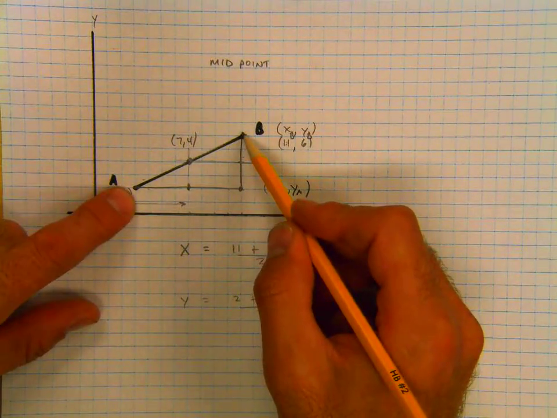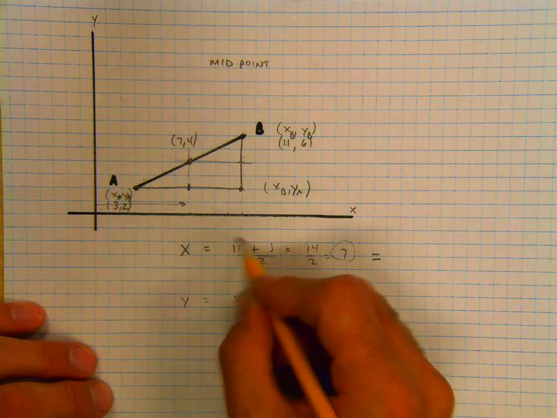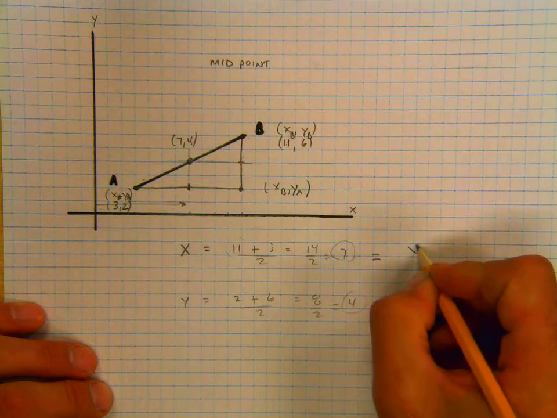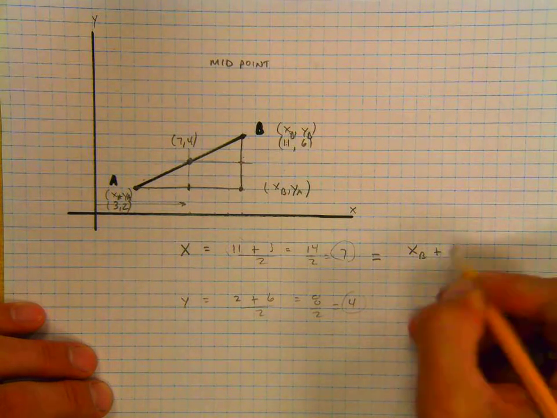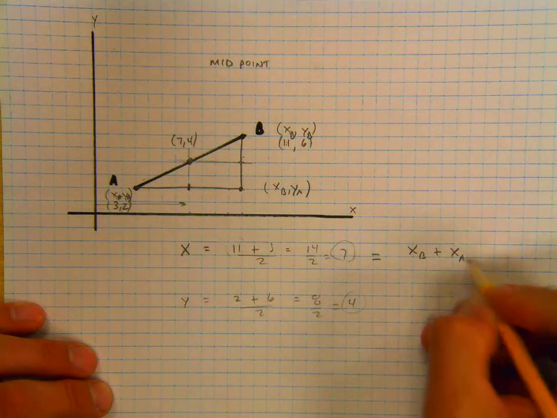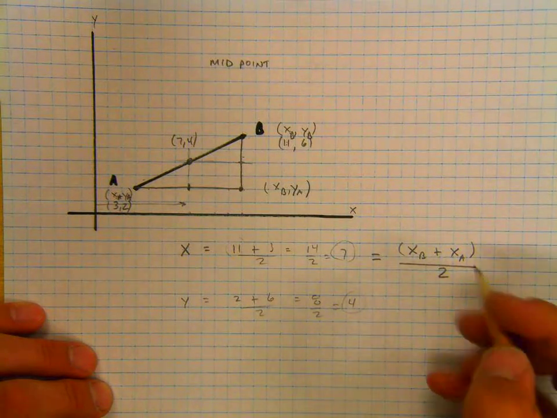So essentially what we're doing is this 11 is the x value of B, and we're adding to it the x value of A, and we're dividing by 2.